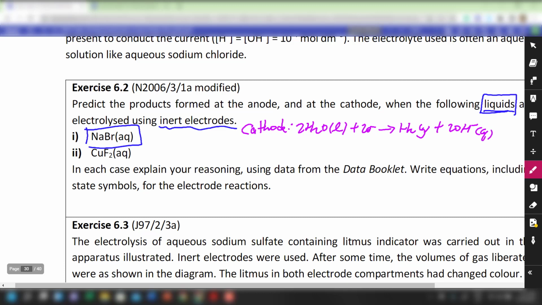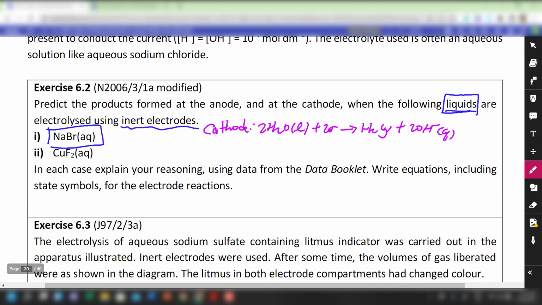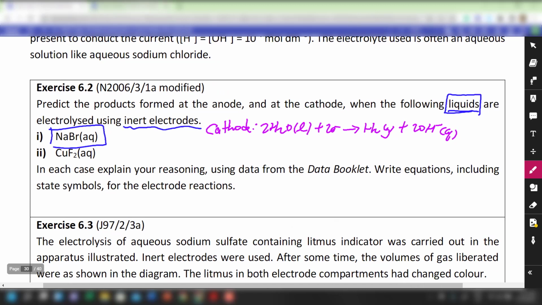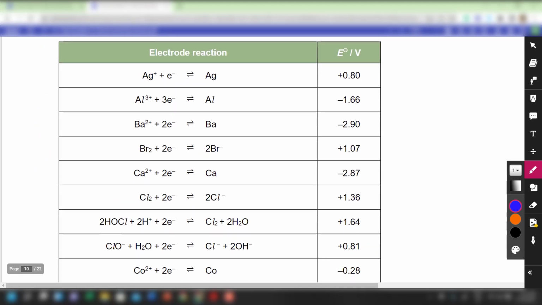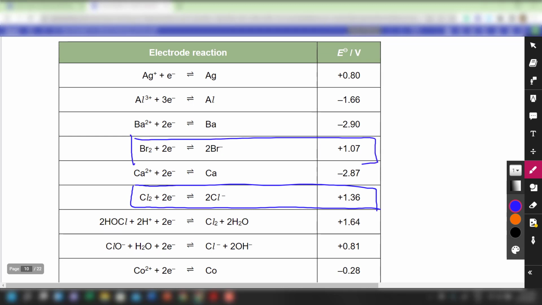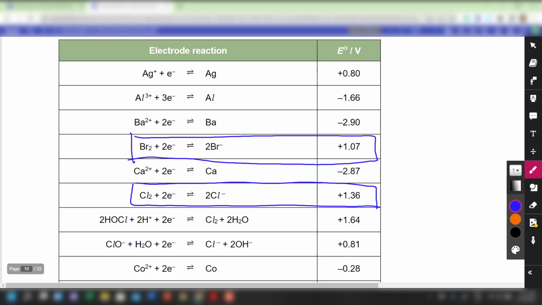The bromide is the one I want to discuss a little bit, so I'll go straight to the data booklet. Unlike chlorides, where the reduction potential is 1.36 volts, the reduction potential for bromine-bromide is 1.07 volts.